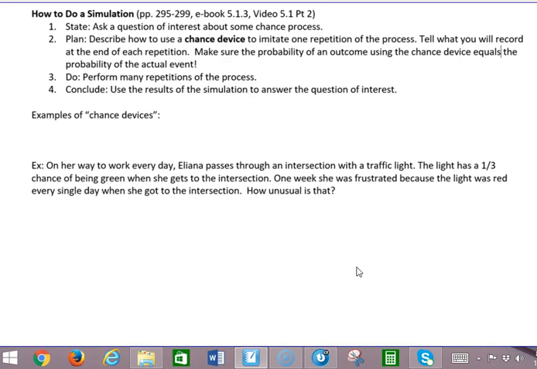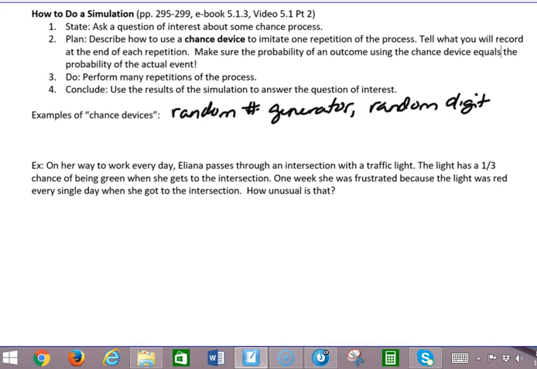So examples of chance devices: the random number generator on your calculator, the random digit table, as you see below on the paper. It can be something as simple as tossing dice, or flipping a coin.